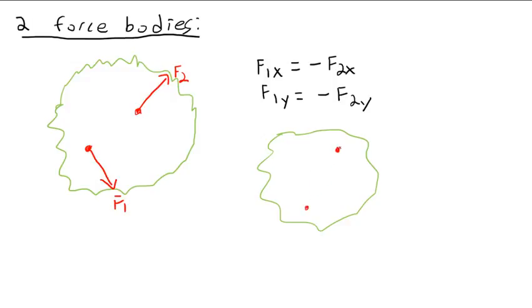So now I'll draw two that are, I'm going to try to draw these approximately equal and opposite. F2 and F1. So yeah, now we basically have a couple. That's definitely going to rotate, isn't it?